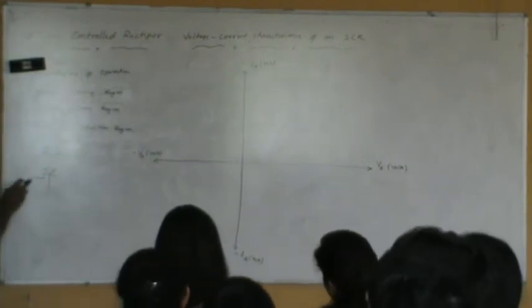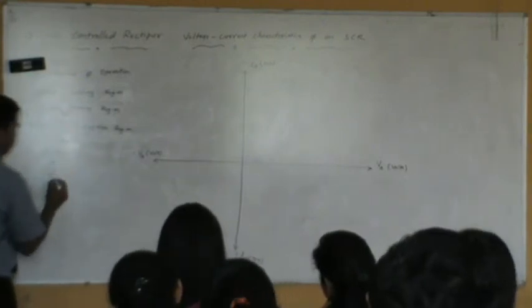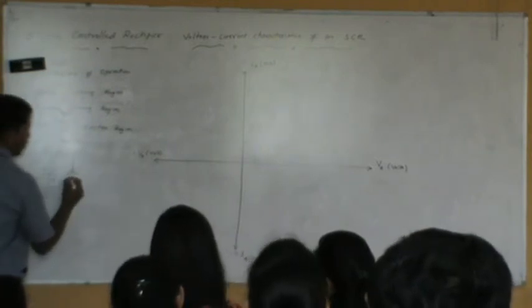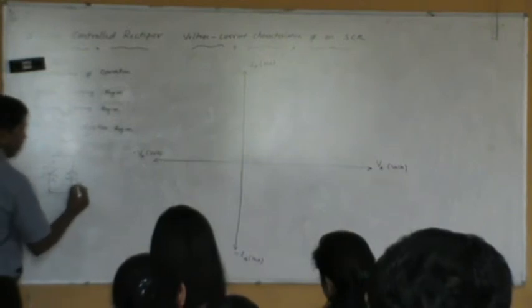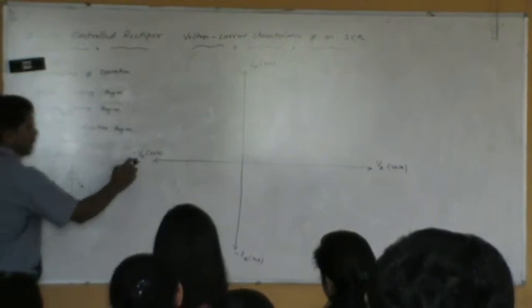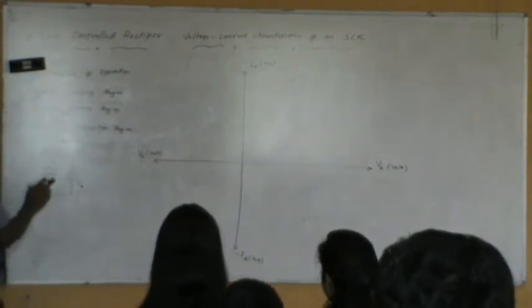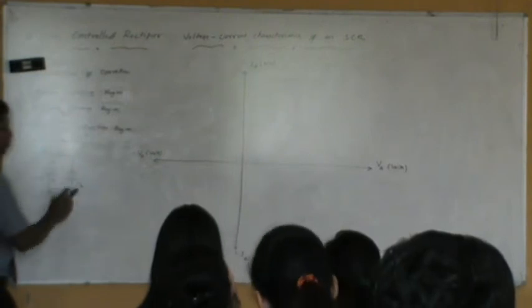Let me assume that I have not applied anything to the gate, and this is going to be anode and cathode. What kind of bias do you see here now? The anode must be reverse biased. So whatever the voltage we have here is interpreted as minus V because of reverse bias. Assuming that we have not applied any gate voltage, this is going to be the type of bias.